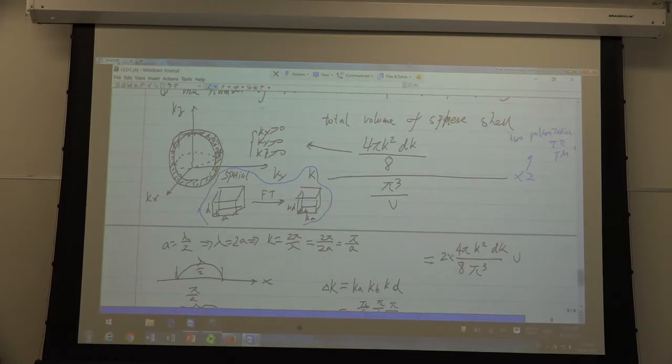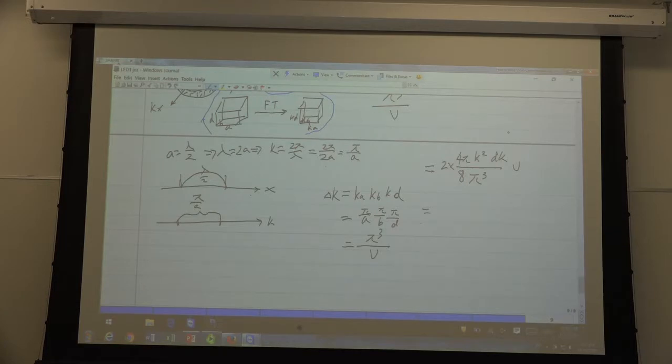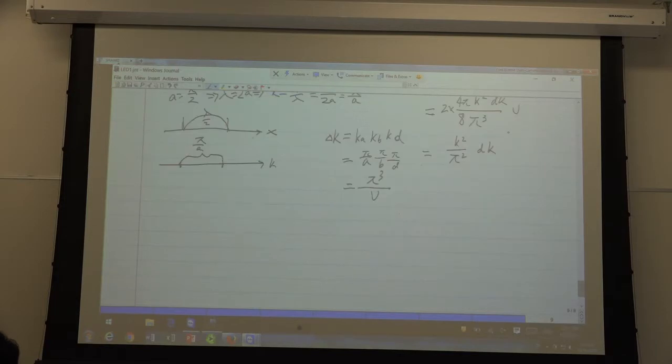So I get pi squared k squared dk, in the k domain. I can convert the k domain to frequency.